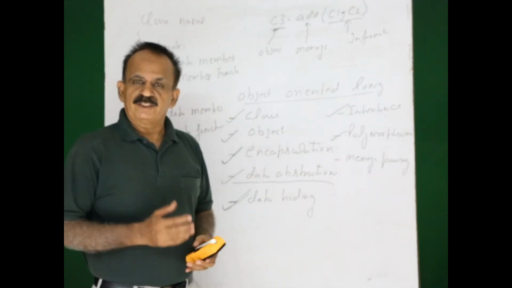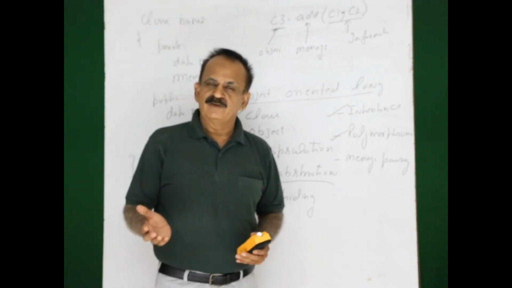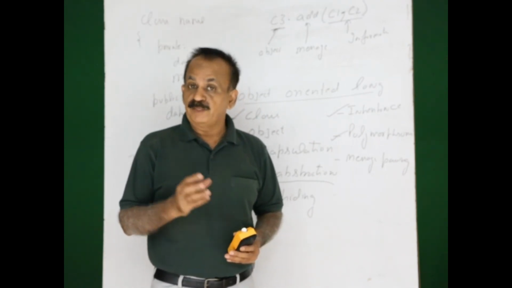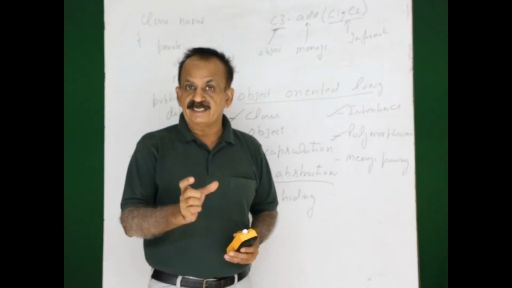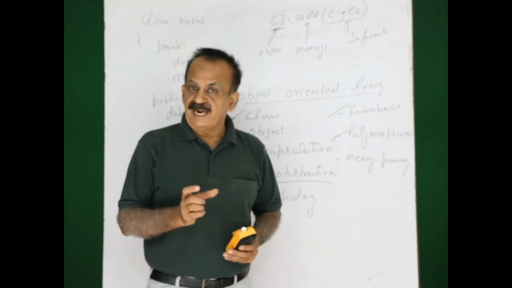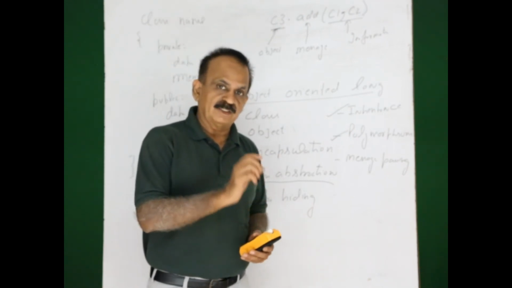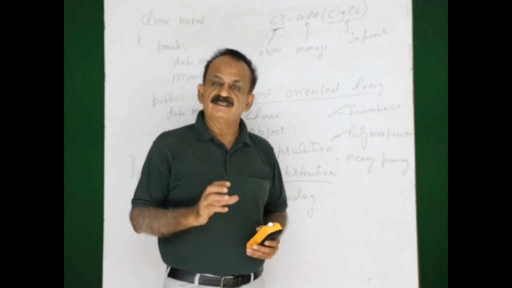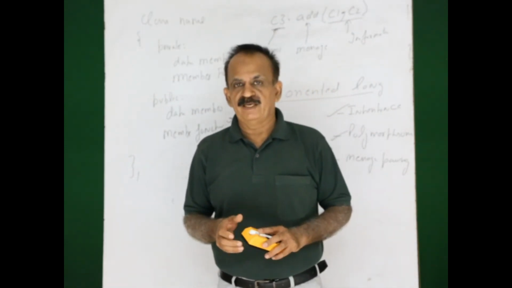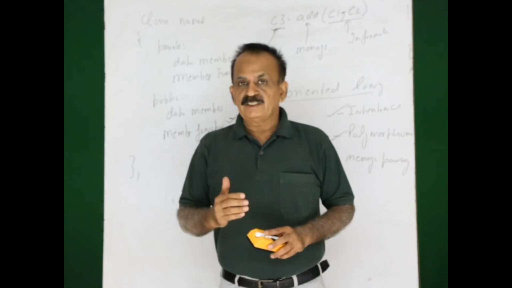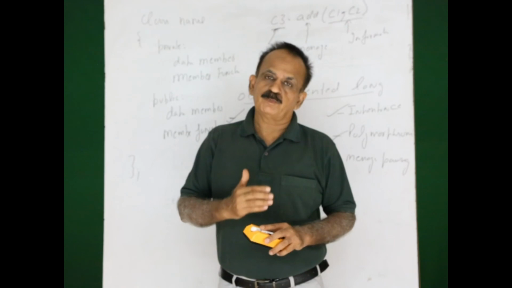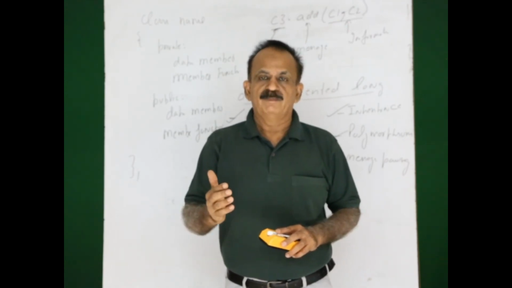So we shifted from C to C++, from function-oriented to object-oriented programming language, because of the importance of data, the importance of the fact that on which particular data the function is applied. This is the need of object-oriented programming language, in which in addition to the operations, the data is also very important on which those particular operations are performed.